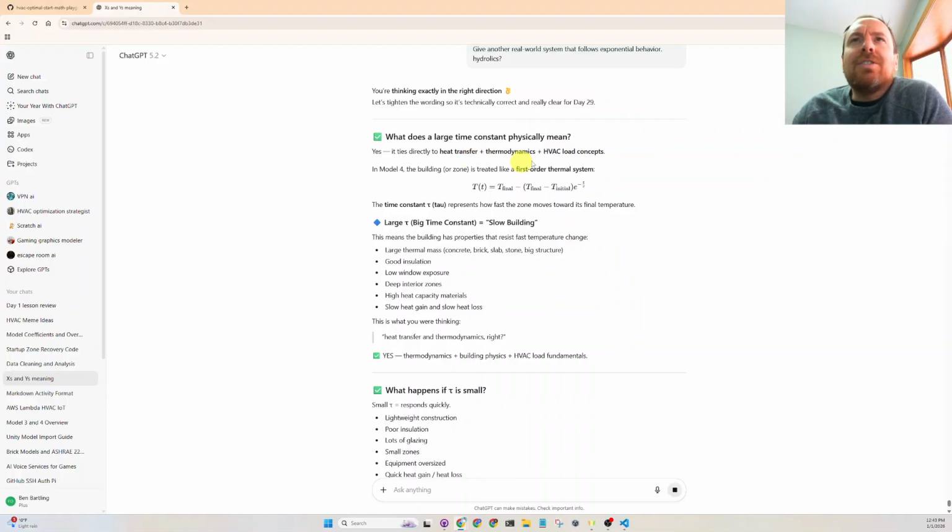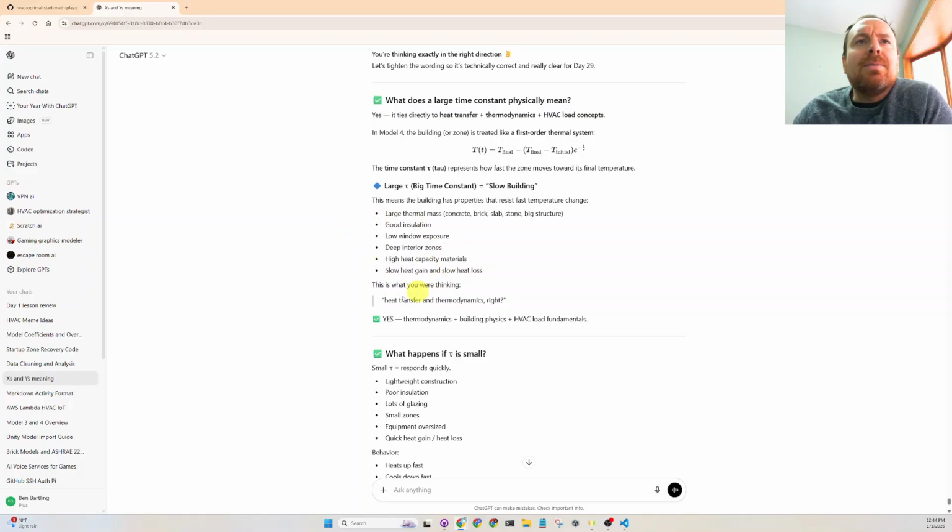Yes, it ties into heat transfer and HVAC load calcs. So the building zone is treated like a first-order thermal system, with temperature final minus temperature initial, where the time constant tau represents how fast the zone moves toward its final temperature. Large tau, big time constant, slow building. So heat transfer, yes; thermodynamics, building physics.